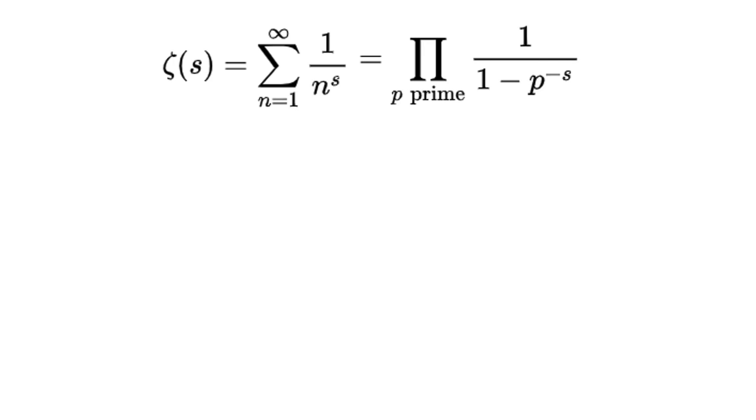And note that the product is only computed over the prime numbers, p, not all the integers n, as in the zeta function. Okay, so this is weird, right? And the reason why these two things are equal is, in my opinion, kind of mind-blowing.